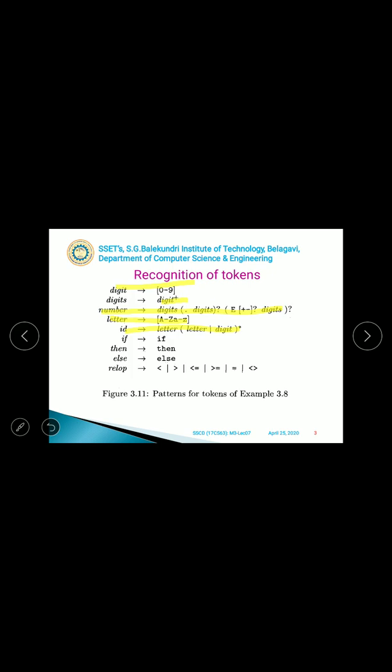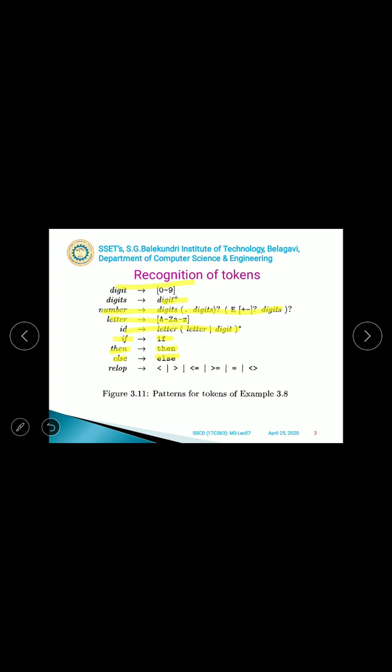Now similarly, we have another type, keywords, that is if, then, else. These are literally keywords, and we are going to recognize them in the regular expression as just if for an if, then for a then, and literally else for an else, which means these are the reserved words.